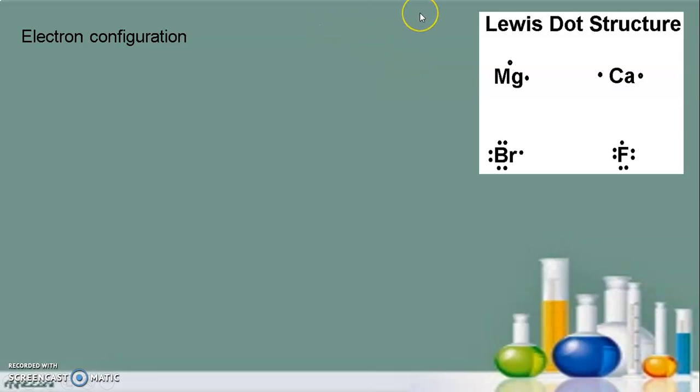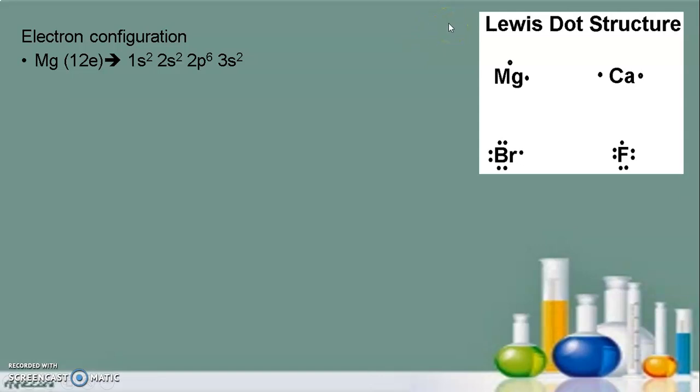Now, going back to the last lesson that we had on electronic configuration, there is a lot of information that you can actually get out of the electron configuration of an element. Knowing the electronic configuration of your element will also tell you the location of your element in the periodic table.